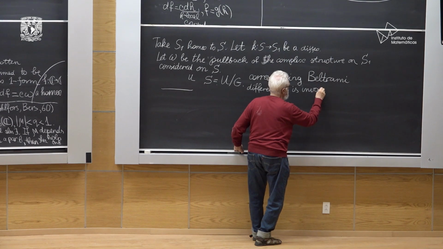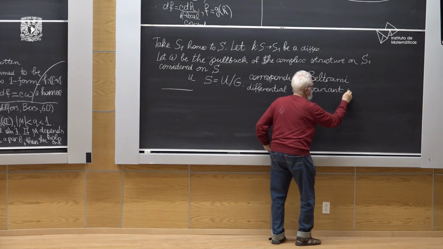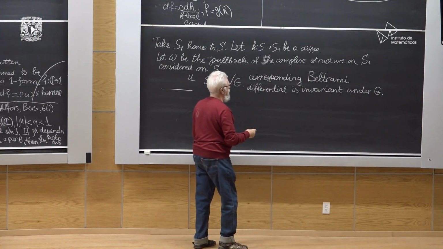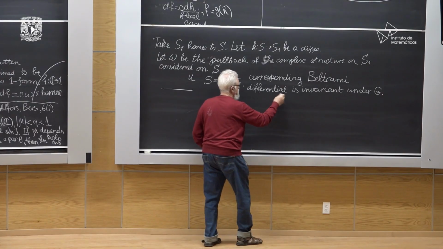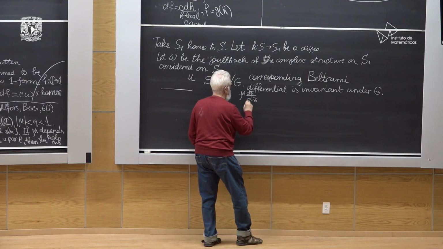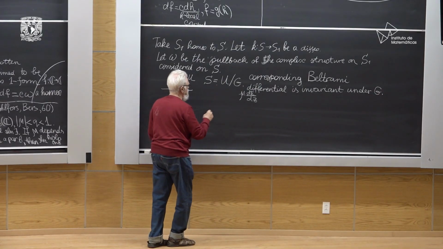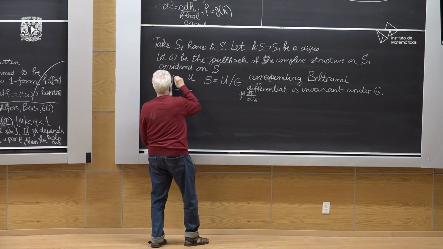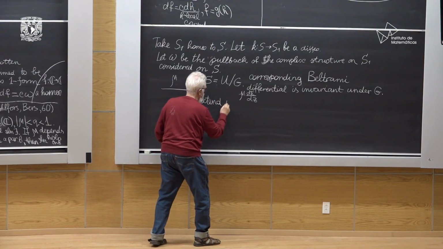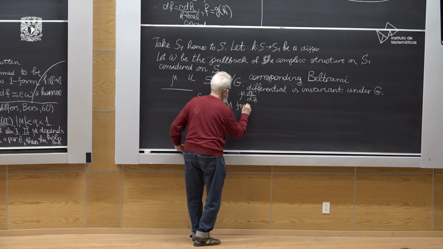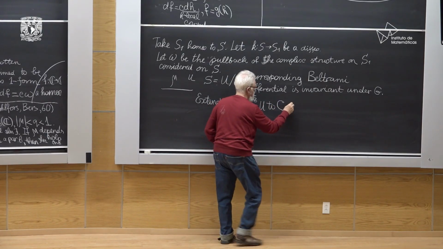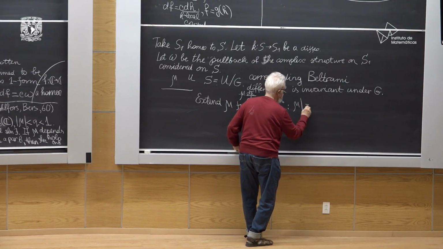The corresponding Beltrami differential is invariant under G. It is mu dz bar over dz, and we extend mu from U to C, letting it be 0 in the lower half plane.